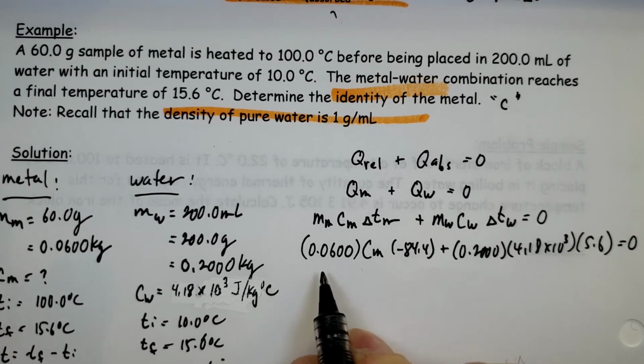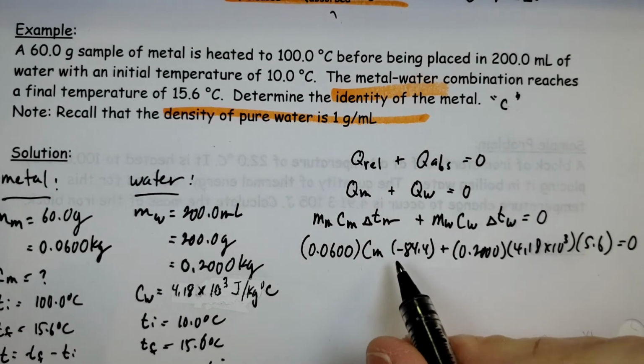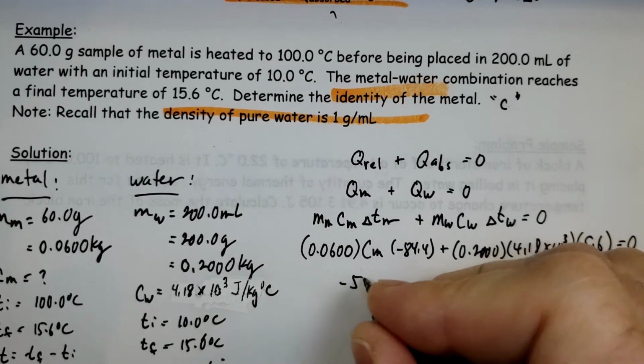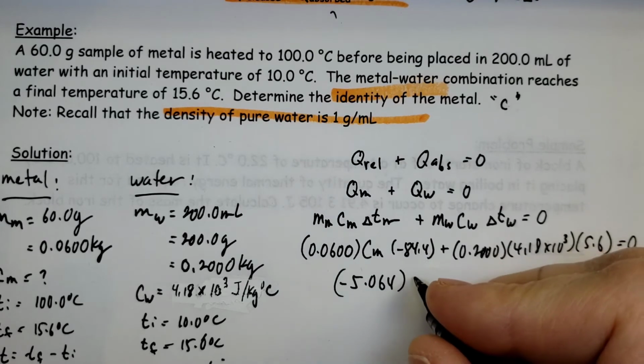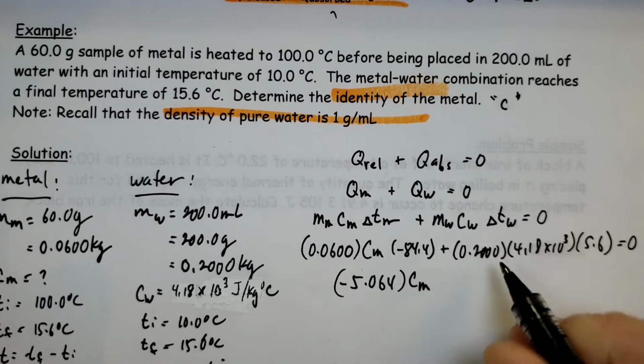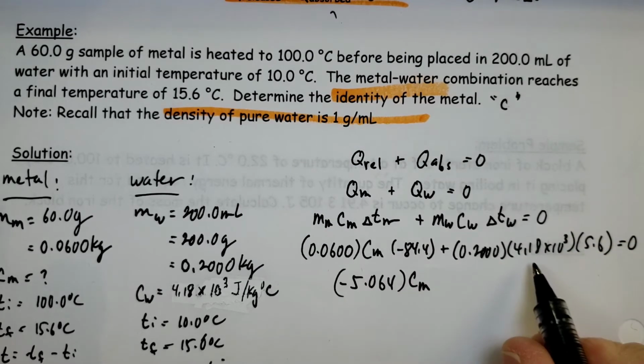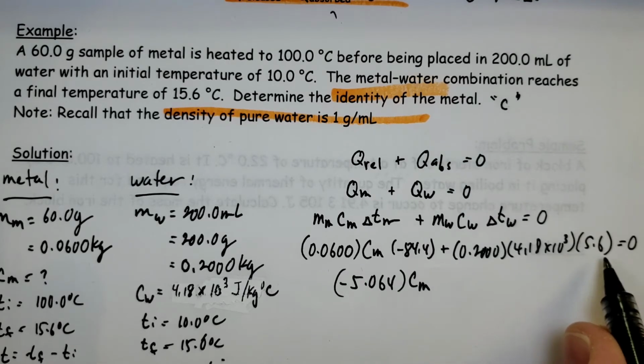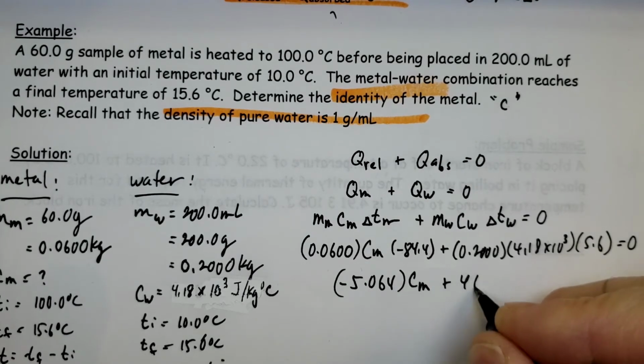So 0.06 multiplied by negative 84.4 gives me negative 5.064 multiplied by C metal. And then 0.2 multiplied by 4.18 times 10 to the 3 and multiplied by 5.6.